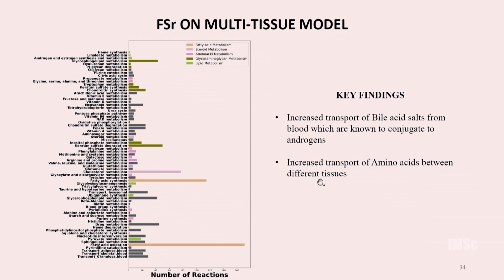One of them is the transportation of amino acids between different tissues, and an increase in the transport of bile acid salts from the blood, which is known to conjugate to the androgens. So these are some of the metabolic dysregulations in PCOS in the literature that we found using our model. And now we are trying to look at more and more detail with some of the biologists in the department.